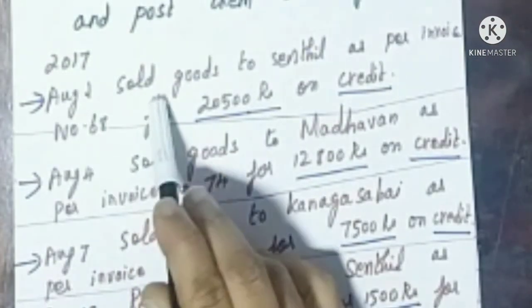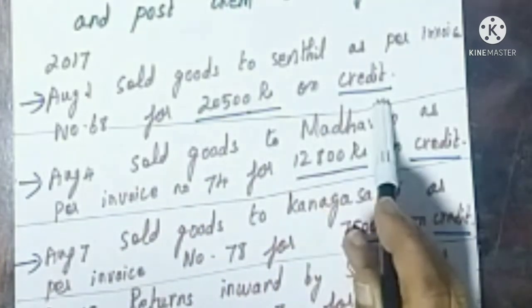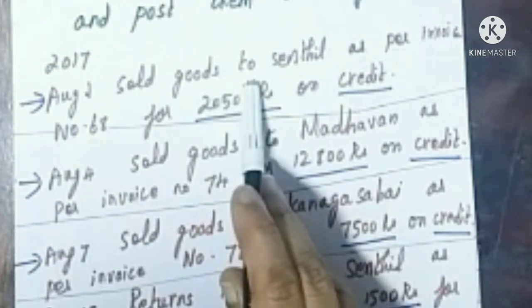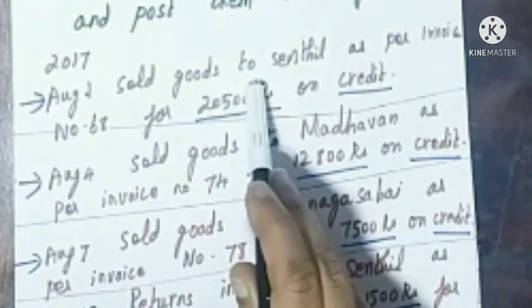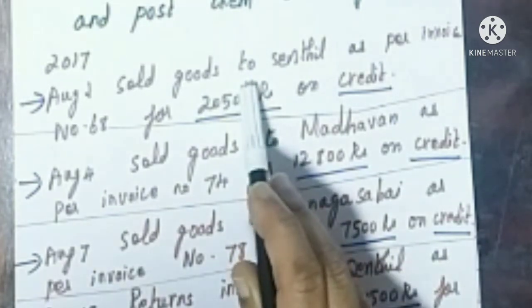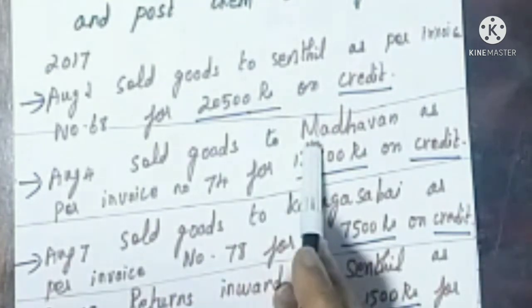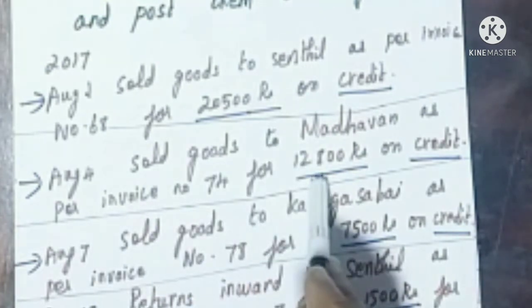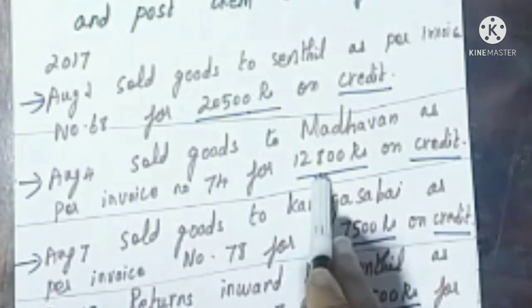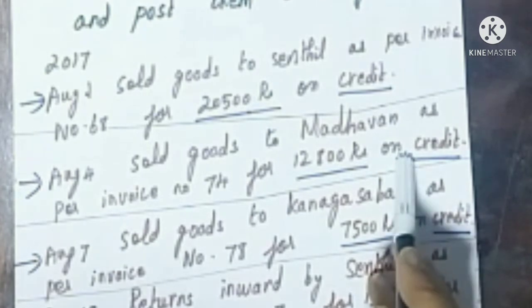So, the first transaction is sold goods to Sendil on credit. This is a credit transaction. Goods are sold on credit. It is a sale transaction. So, it should be recorded in sales book. Similarly, sold goods to Madhavan for rupees 12,800. It should also be recorded in sales book, and the transaction is made on credit.